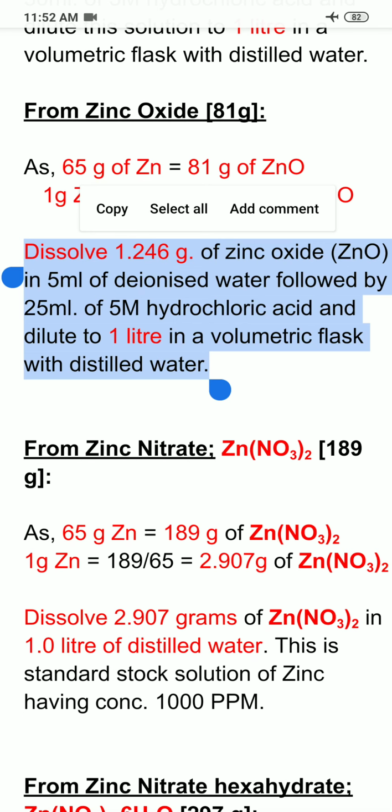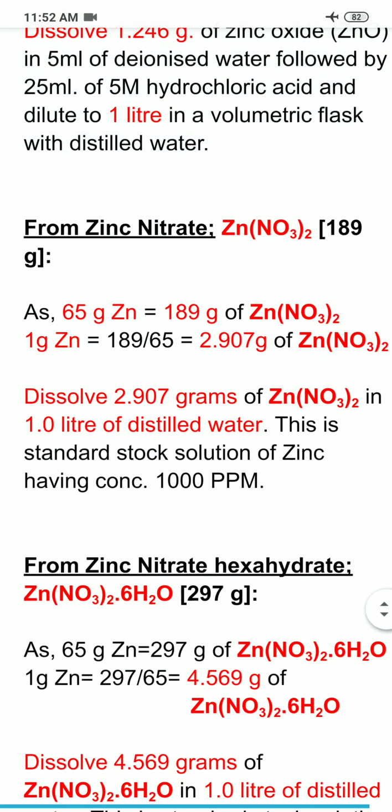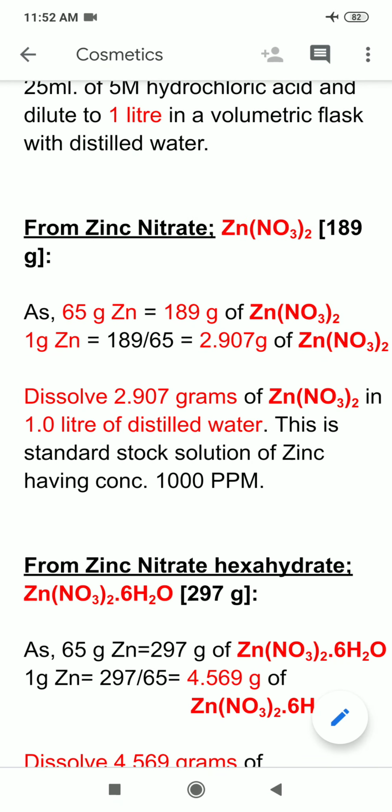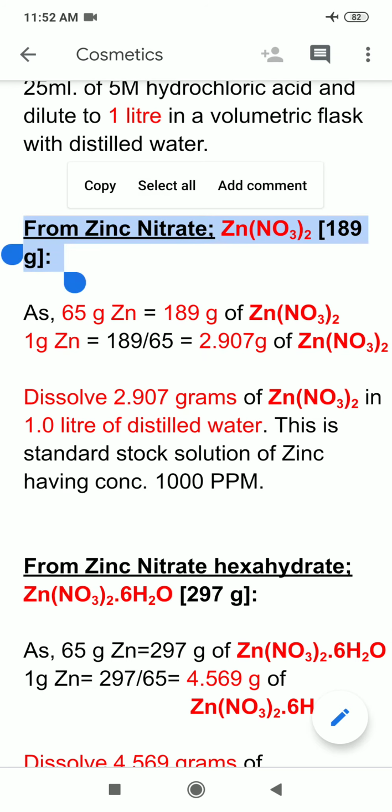Next, if I want to prepare a 1000 ppm solution of zinc by using zinc nitrate. Now zinc nitrate has the formula Zn(NO3)2 and its molecular weight is 189 grams per mole. So you can similarly calculate from zinc nitrate.